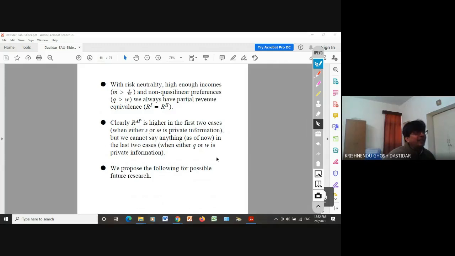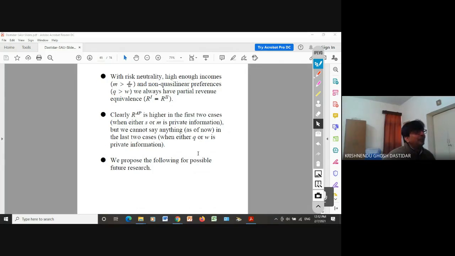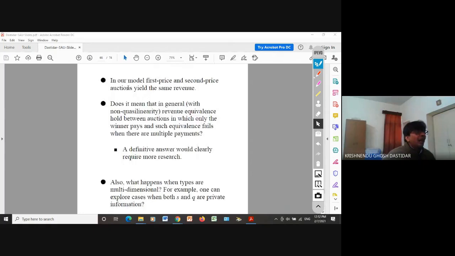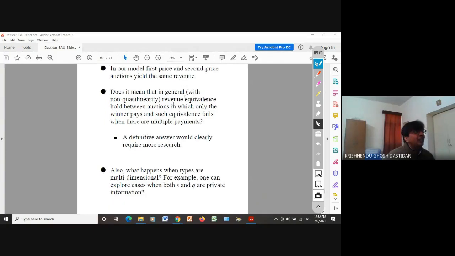Now, what are the research problems that you can think of? In our model, first price and second price auctions yield the same revenue. Does it mean that in general, with non-quasi-linearity, revenue equivalence holds between auctions in which only the winner pays, and that such equivalence fails when there are multiple payments? For example, in all pay auctions, all bidders pay.